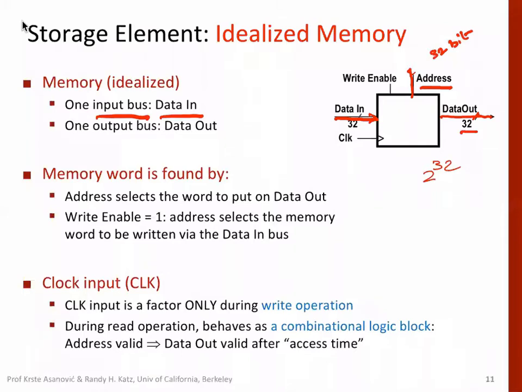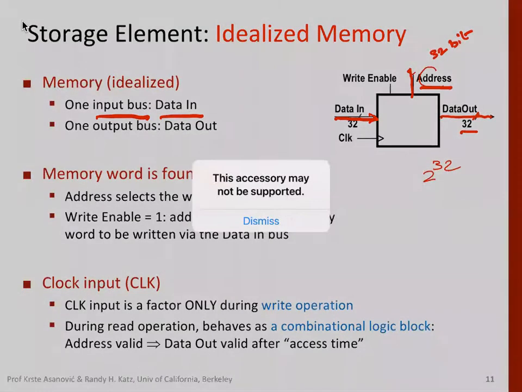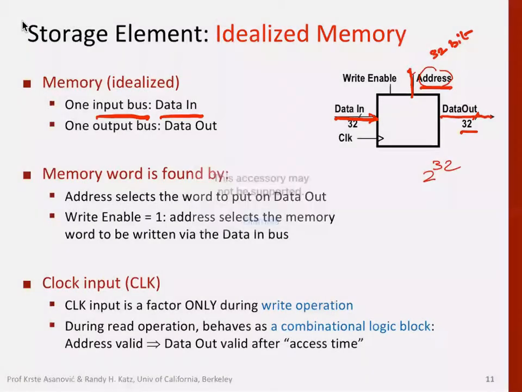Whatever the address value available here, the corresponding memory location is read or written. Now, if the write enable signal is 0, then whatever is the address given by the address bus, the corresponding data will be available here.